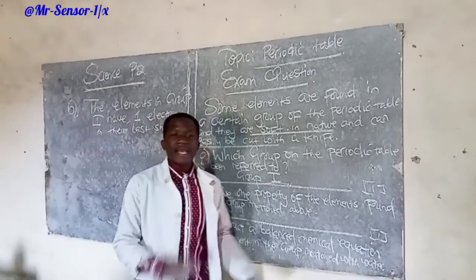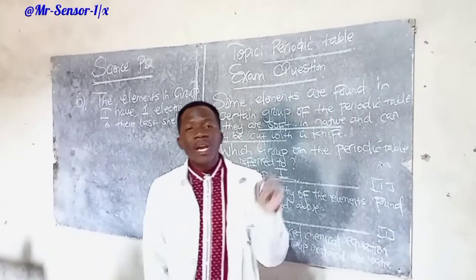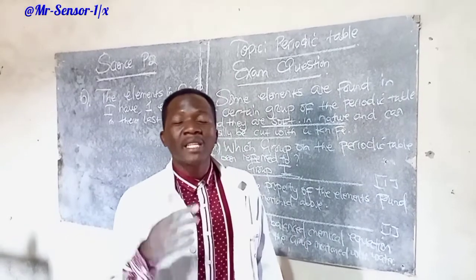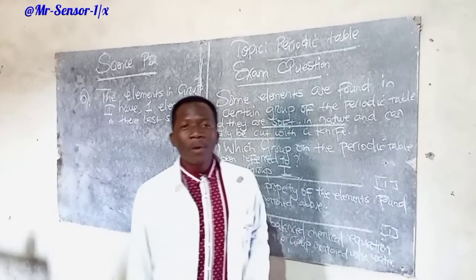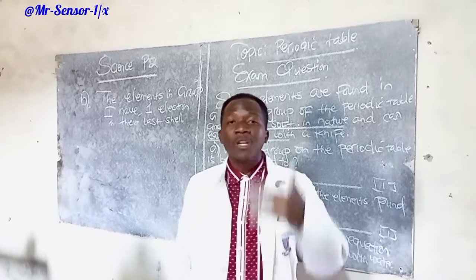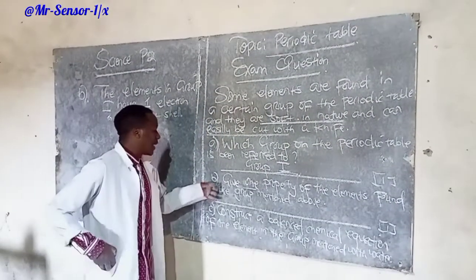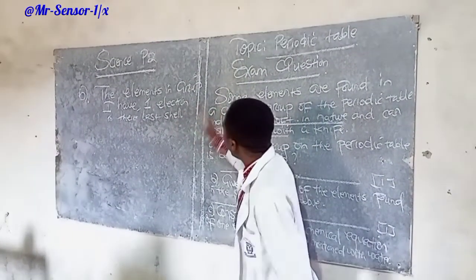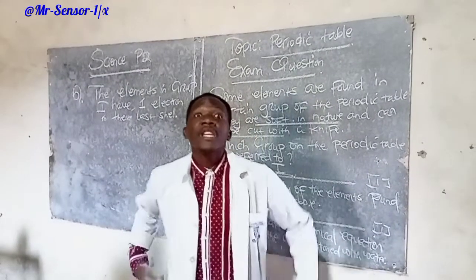Otherwise, we can say the elements in group 1 are very reactive, or they can react with water to form metal hydroxide and hydrogen gas, or react with steam to produce a metal oxide plus hydrogen gas. Those are some of the properties, to mention but a few. But the question said give one property, so we give this answer: the elements in group 1 have one electron in their outermost shell.